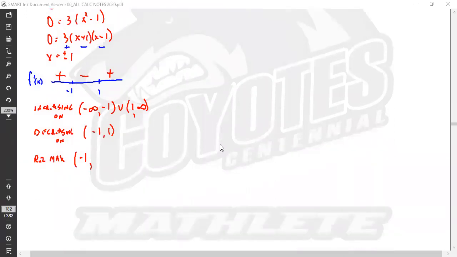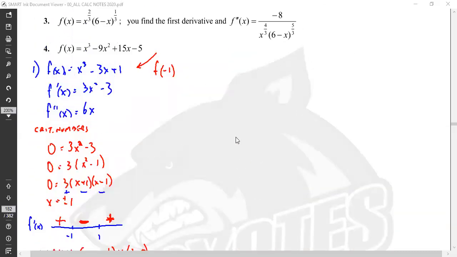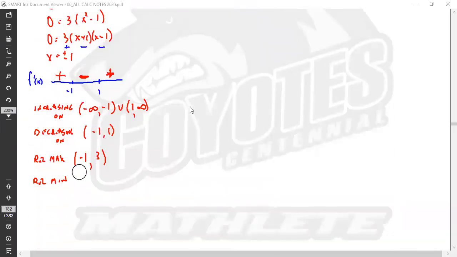This becomes negative 1 comma 3. We have a relative min when we are decreasing and then increasing. We have a relative min at 1, and we plug that into our original function. Our original function is going to tell us a point, right? So at 1 comma negative 1, I believe.